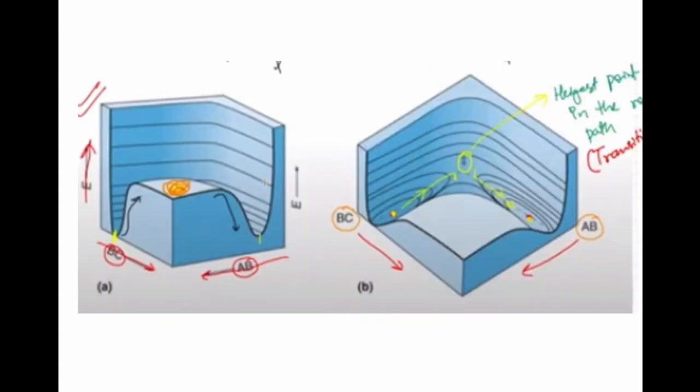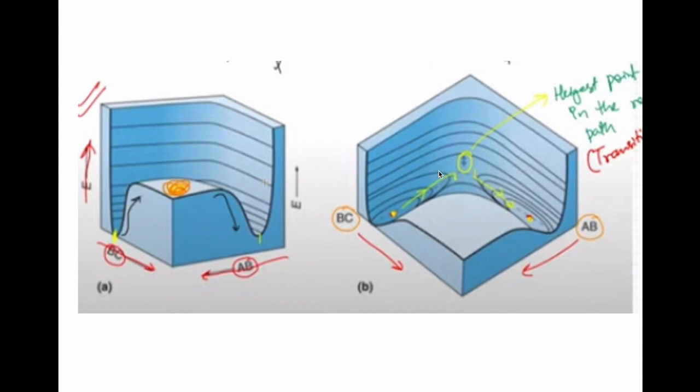And this flat region is an unstable state. That's why we take this path only, not through this way, because this is the unstable state. So we take this reaction path.